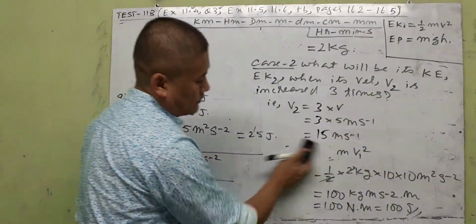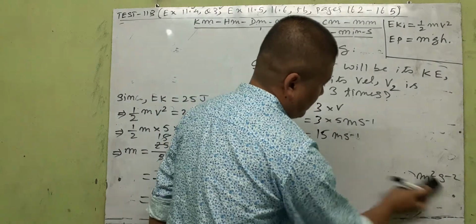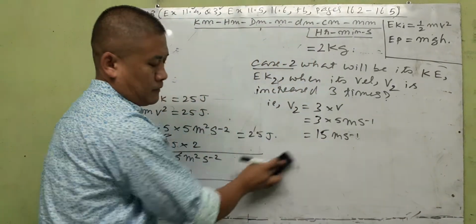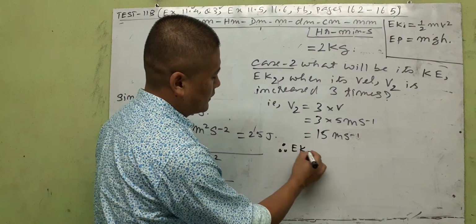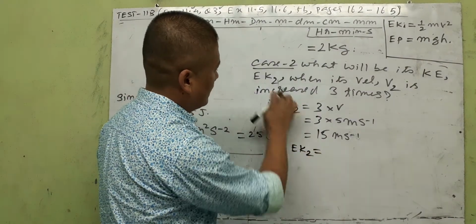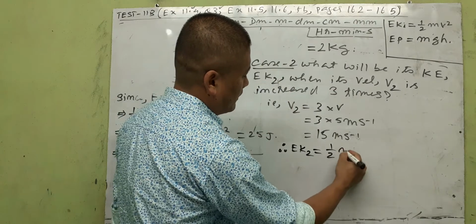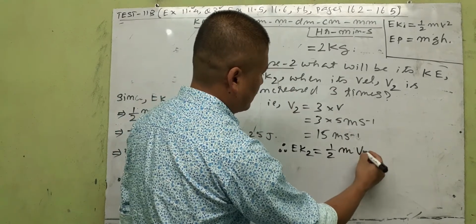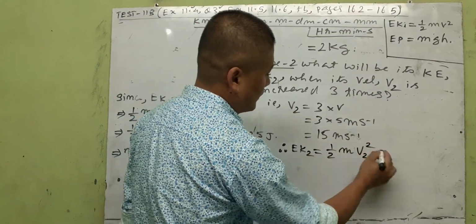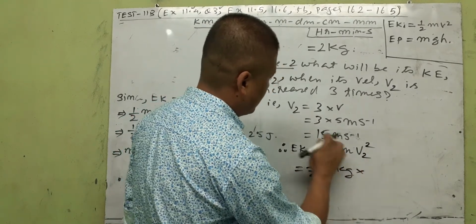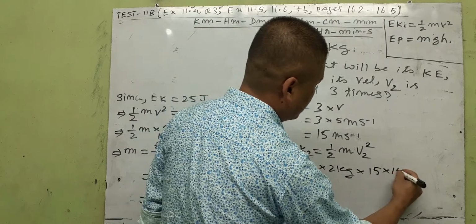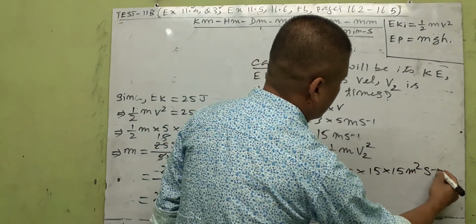Then the rest, let's just do it right up to there. So therefore its kinetic energy in case 2, EK2, let us say. So you can see here half, mass is the same, the same object, v2 square. So half into 2 kg into v2 is 15, so 15 into 15 meter square, second to the power minus 2.